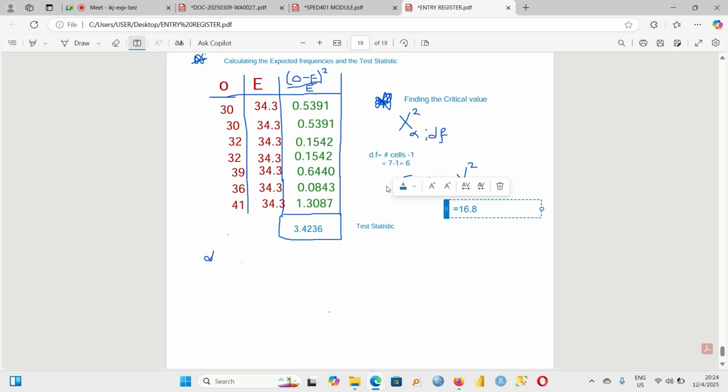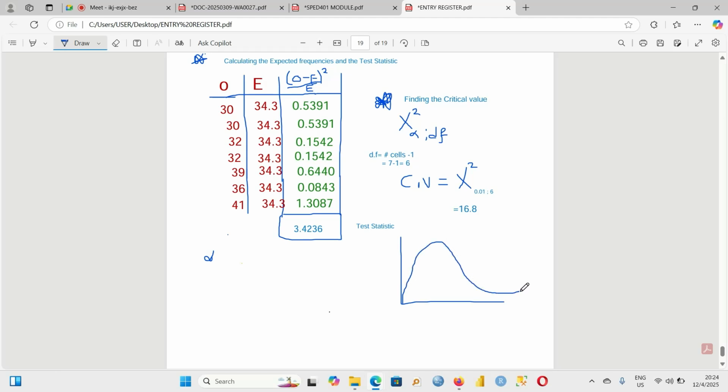At this point you can draw your graph nicely so we can see how it looks. This is the graph. Just your graph, something like this. Where here we have 0 and here we have the critical value.